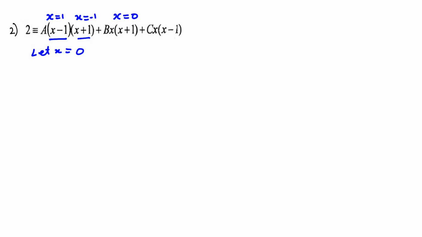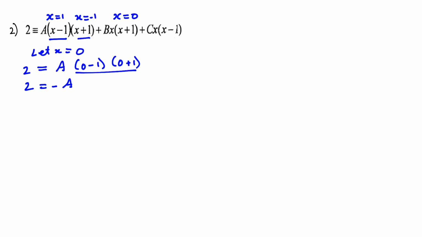There is no x there, so we cannot replace it with 0 or anything else. A will be 0 minus 1 and 0 plus 1. There's a 0 here, so 0 multiplied by anything is 0, B is cancelled. The same case with C. There's a 0 here, so that will get cancelled. And we are left with 2 is equal to negative A.